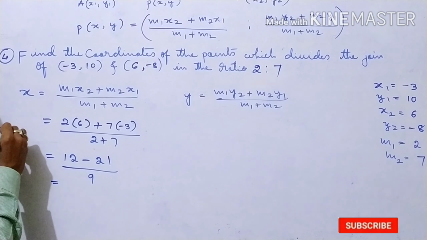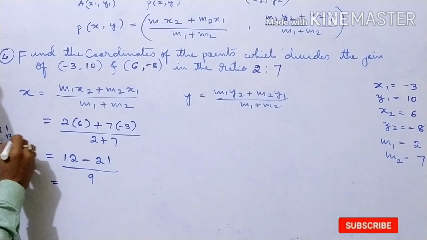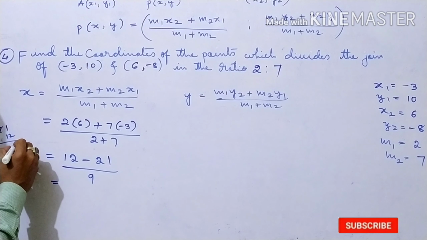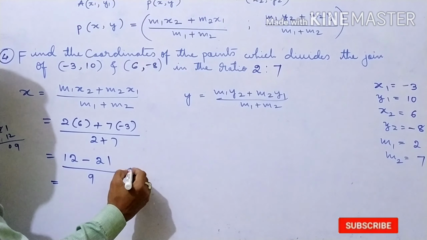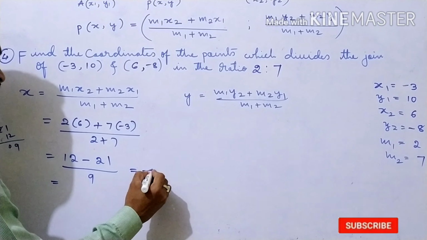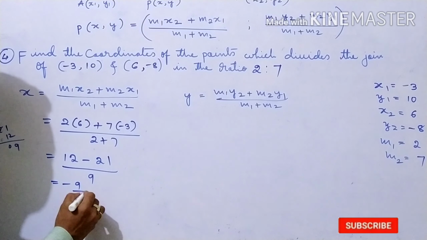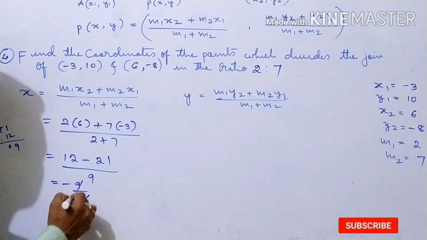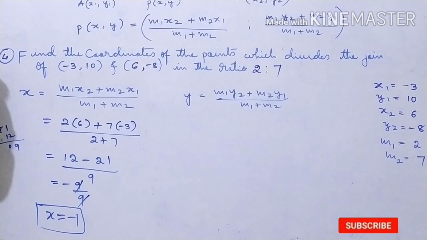Okay, 21 minus 12. Now take 1 from this side, 11, 11 minus 2, 9. So here 0. So this is equal to minus, here you should write minus 9 divided by 9. Okay, now reduce it. So this is equal to minus 1. So x is equal to minus 1.